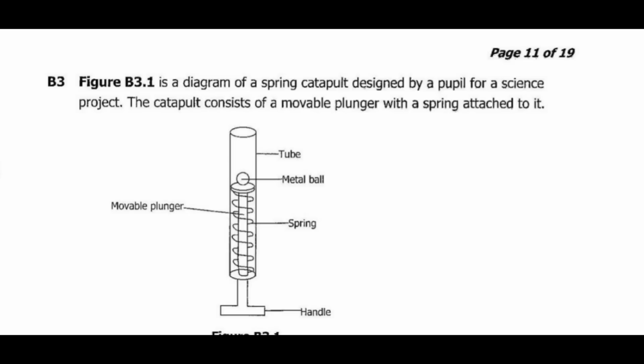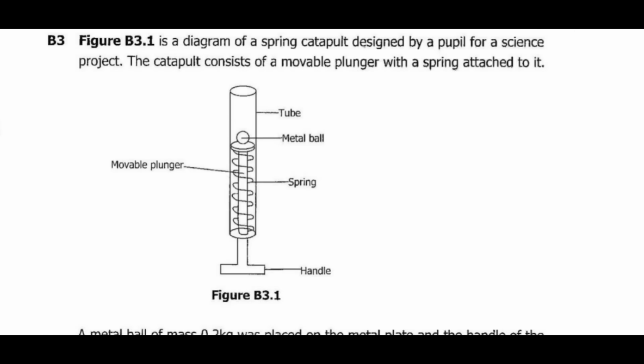Now we move on to question B3. Figure B3.1 is a diagram of a spring catapult designed by a pupil for a science project. The catapult consists of a movable plunger with a spring attached to it.